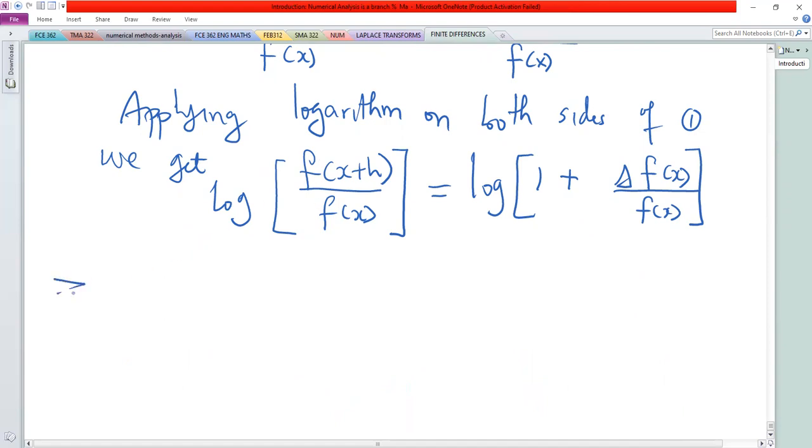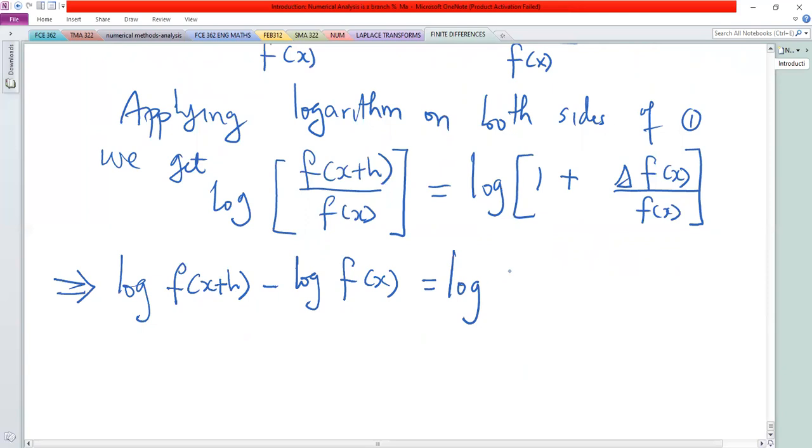So then laws of logarithms dictate that we'll have log of f of x plus h minus log of f of x will give us the right-hand side, log of 1 plus forward of f of x divided by f of x.